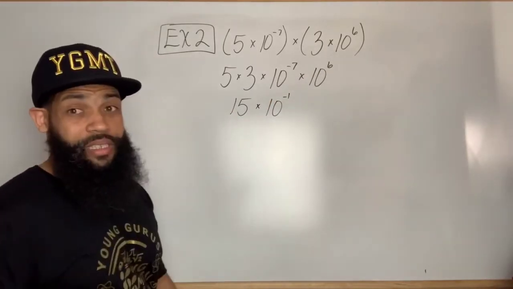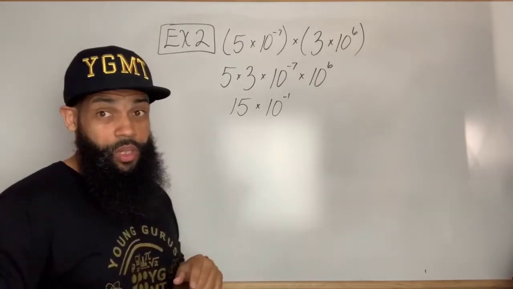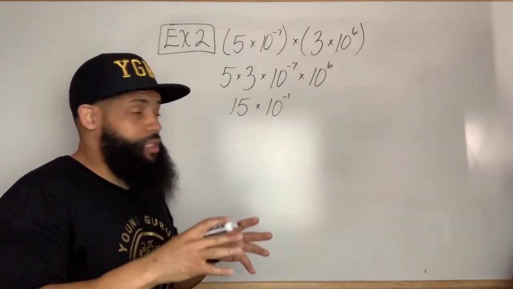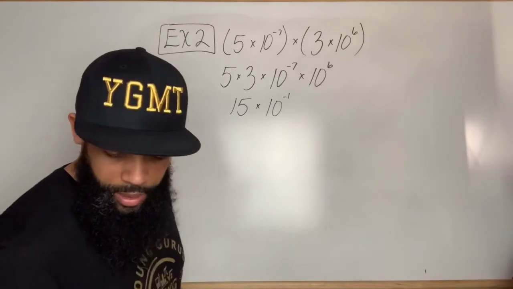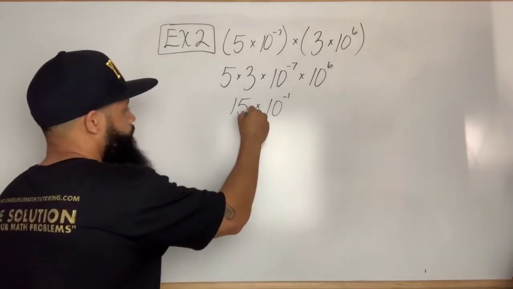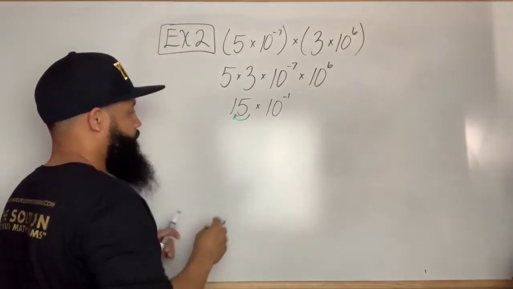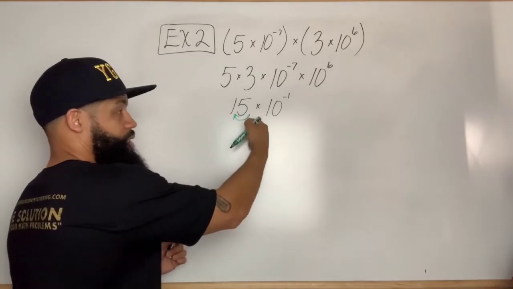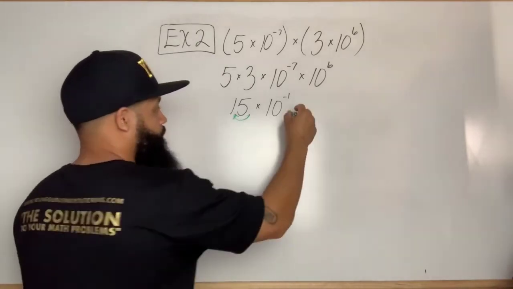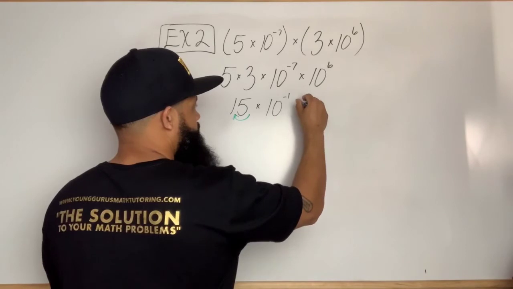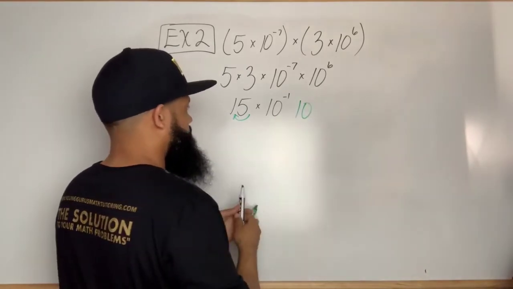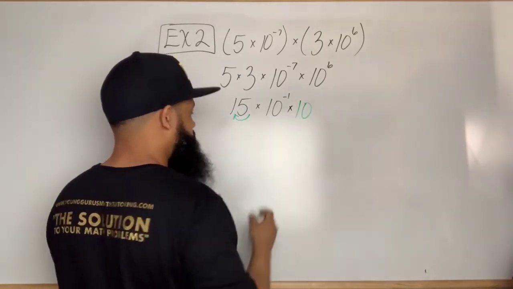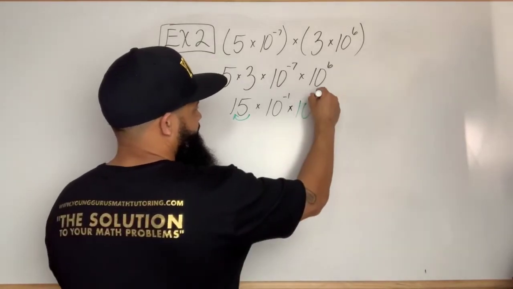But it's still not scientific notation because that first number is not between 1 and 10. So I need to take my decimal and move it right there. Remember, this is dividing by 10, so I have to multiply by 10, and that's like 10 to the 1 power.